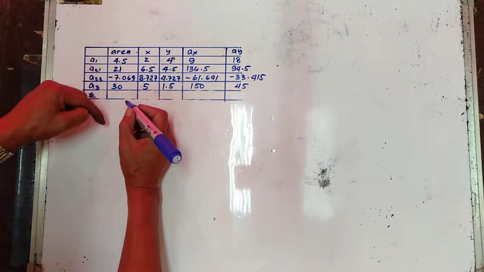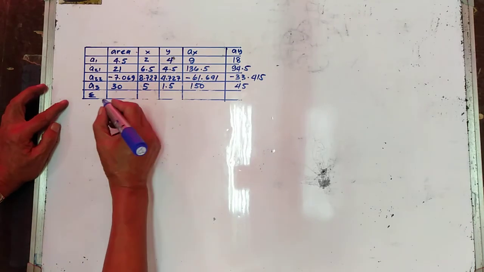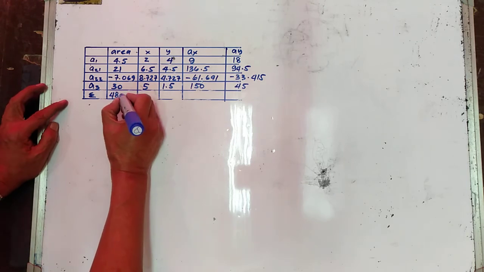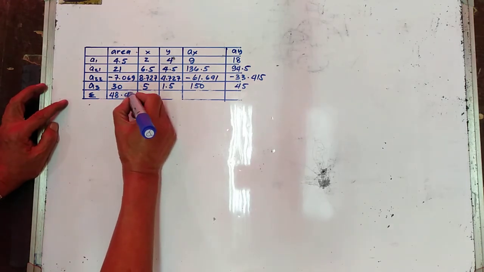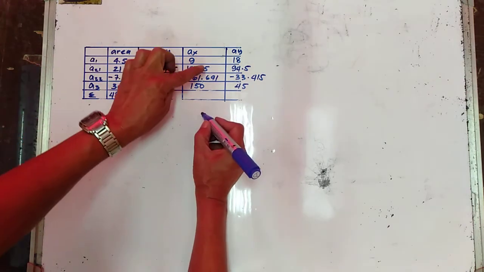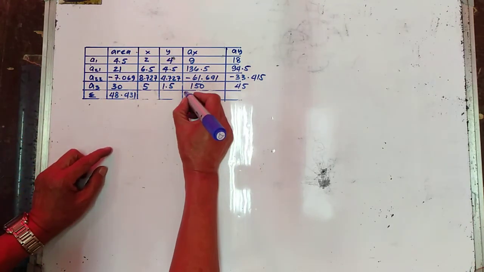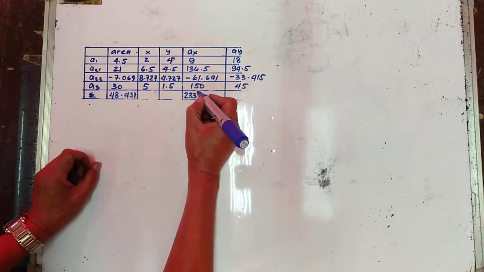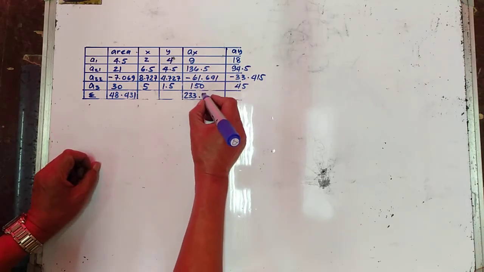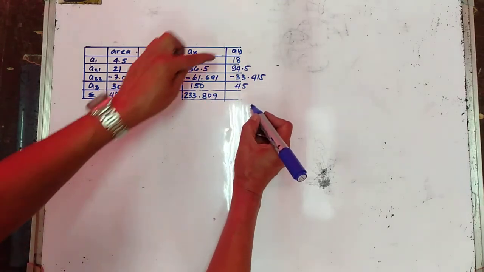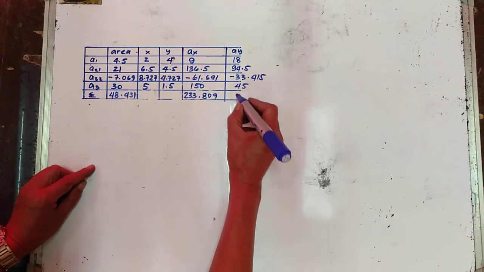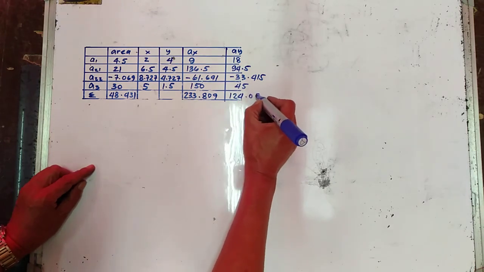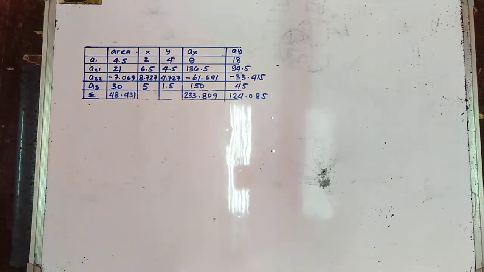So let's get now the summation of area. The summation of area is equal to 48.431. Summation Ax is equal to 233.809. And summation Ay is 124.085.